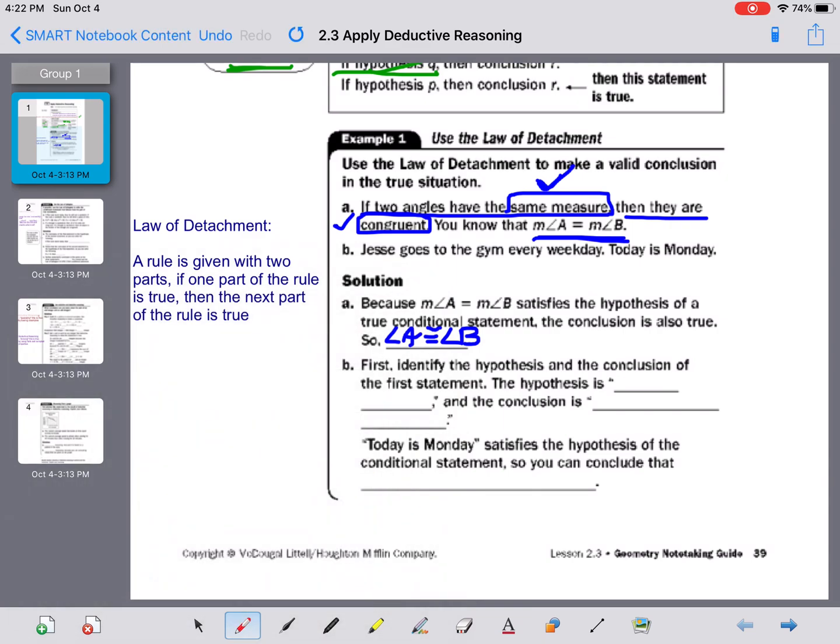All right, next one. Jesse goes to the gym every weekday. Today is Monday. Okay, this one's not written in if-then form. We can do that, right? We could write it: if it is a weekday, then Jesse goes to the gym.